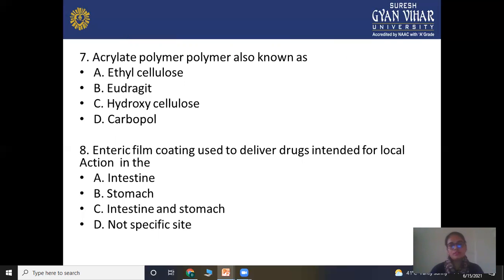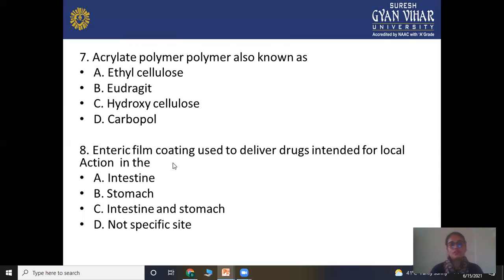Next is the seventh question: acrylate polymer is also known as ethyl cellulose. B is Eudragit, C option is hydroxycellulose, D option is Carbopol. You should know what acrylate polymers are and another name for them. Out of all four options, one option is correct regarding acrylate polymer.